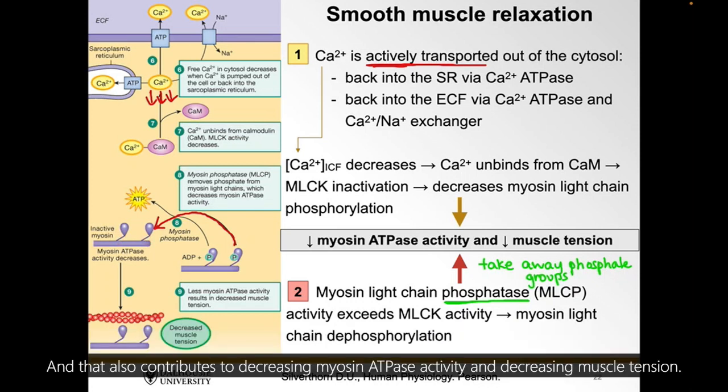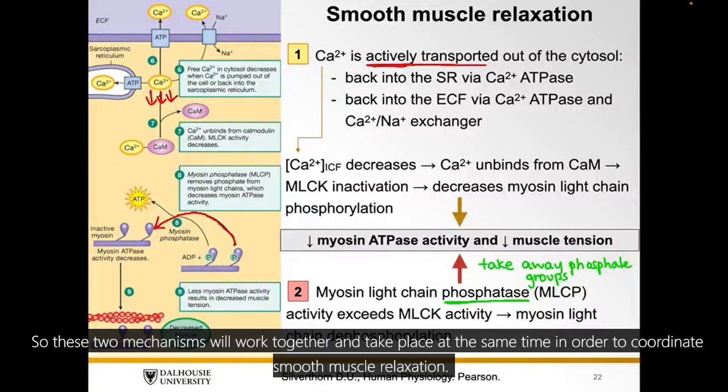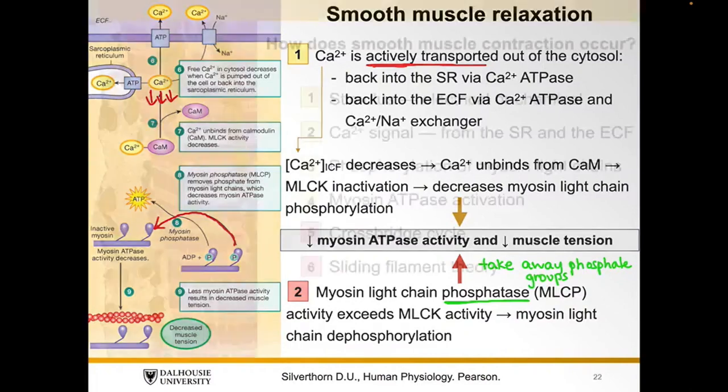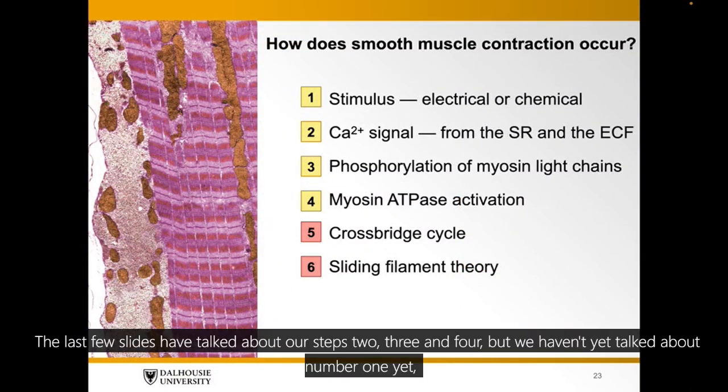And that also contributes to decreasing myosin ATPase activity and decreasing muscle tension. So these two mechanisms will work together and take place at the same time in order to coordinate smooth muscle relaxation.